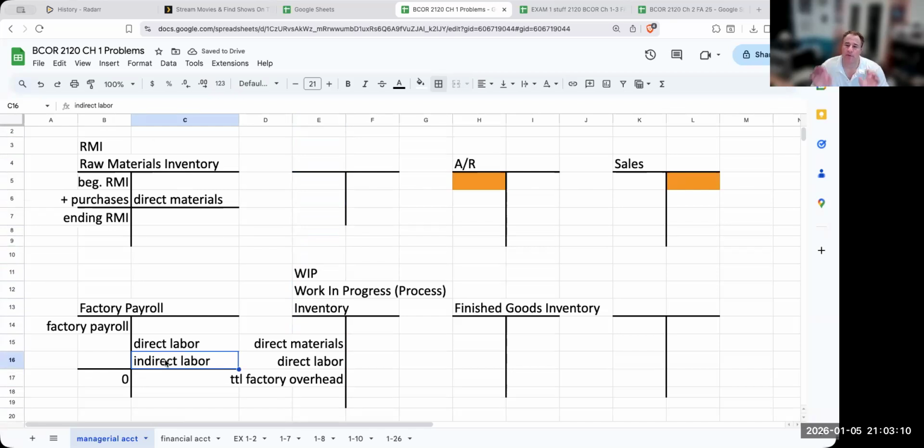What's an example of indirect labor? It would be a factory floor person supervising all of the different production parts.